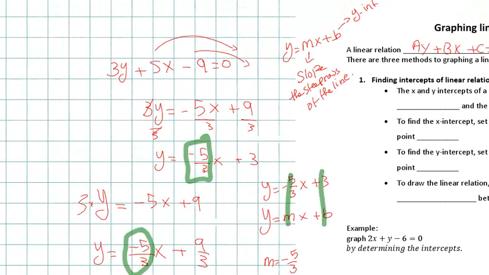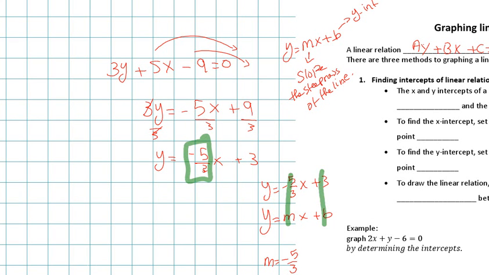Now, it says mx plus b. In this case, I have negative 5 over 3x plus 3. That means my b is the y-intercept. 3, which is the y-intercept. So, if you look right here, I went from standard form to slope y-intercept form.